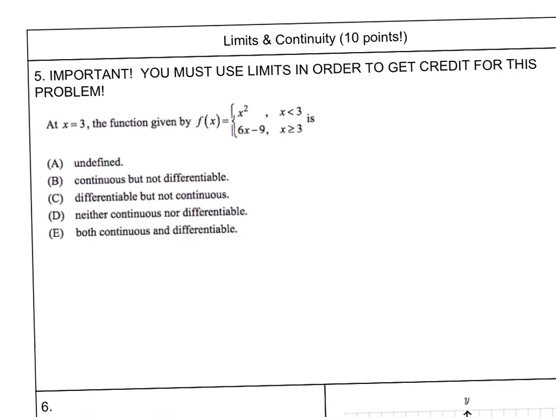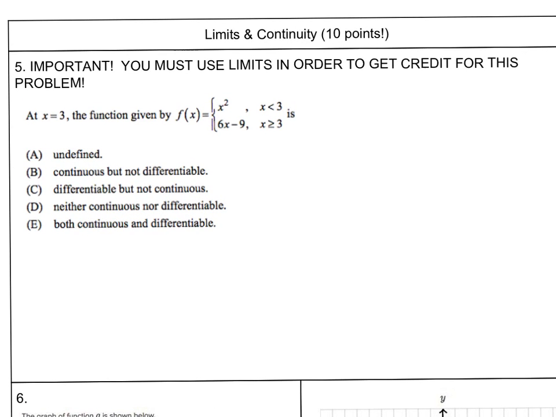Next up, we're adding continuity, and hopefully no big surprise, but we've got to figure out if something is continuous. In this case, it might be differentiable, so we have to add that level to this. First thing we need to do is establish continuity. And for continuity, we have to take the limit from both sides. So we're taking the limit as x approaches 3 from the left of x squared, which is going to be 9.